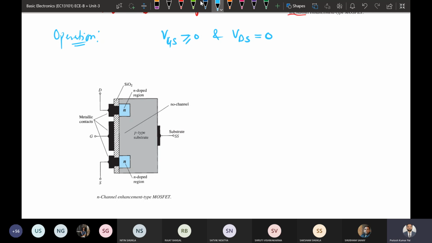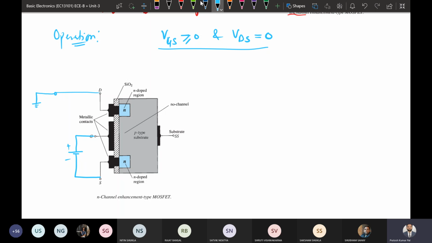If this is the case, that means here at the gate side we are going to apply some positive value. But this drain is connected to ground, or you can say it is open, or just call it connected to 0.